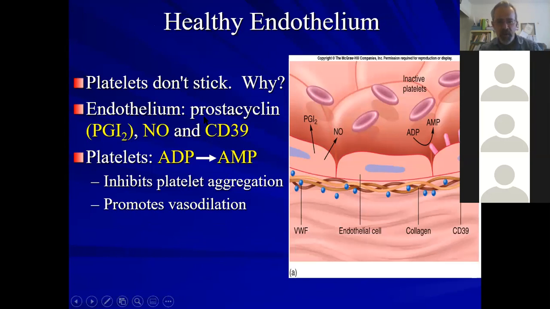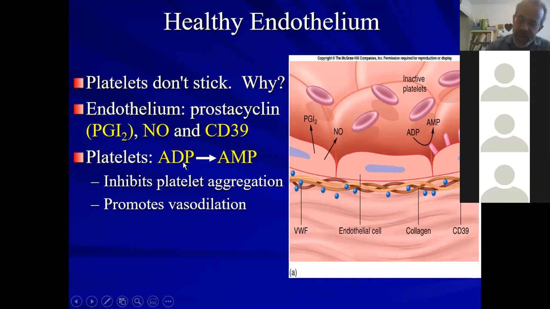We have a chemical called prostacyclin, PGI2. We have a molecule called nitric oxide. You remember that from our discussion on the nervous system, but it's also produced here. And a molecule called CD39. They all interact along with the platelets, which convert ADP.